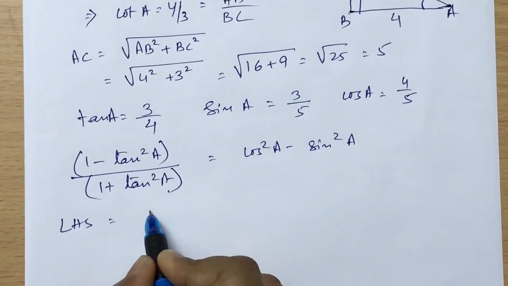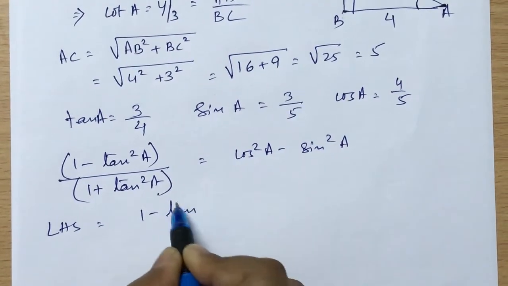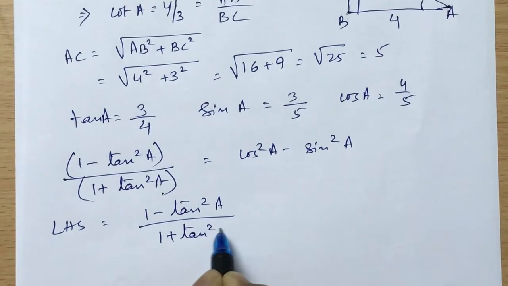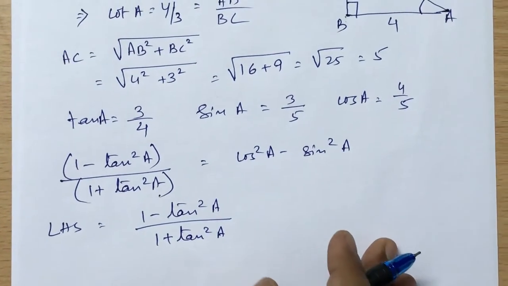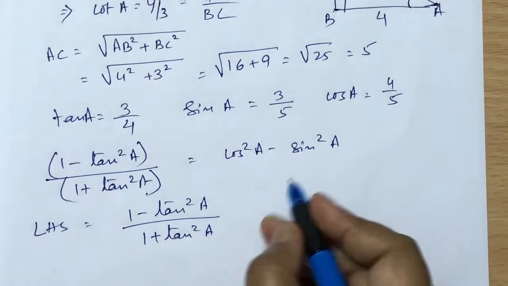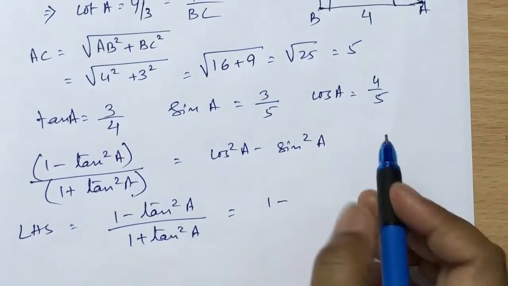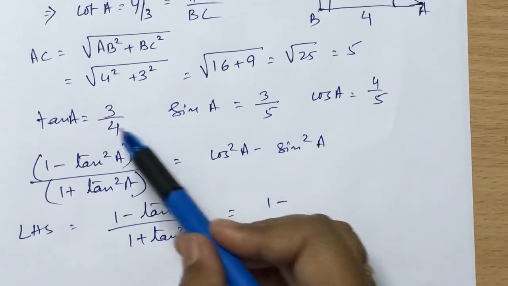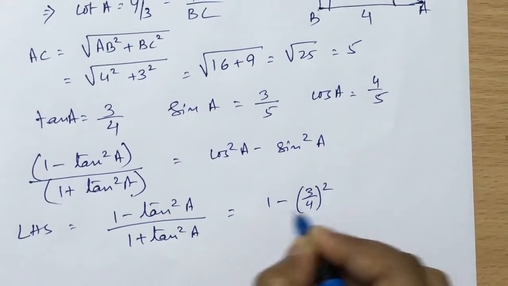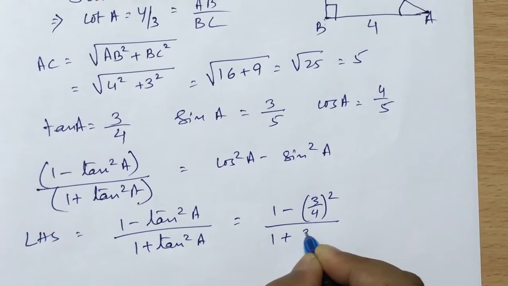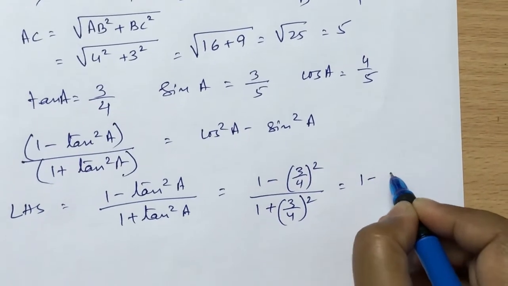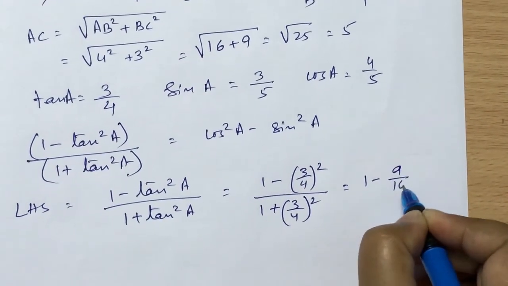LHS it tells us 1 minus tan square A by 1 plus tan square A. Okay, so what is 1 plus tan square A and 1 minus tan square A? I am putting the values. 1 minus tan square A. What is tan? Tan is 3 by 4. So it is 3 by 4 whole square by 1 plus 3 by 4 whole square. So this gives 1 minus 9 by 16.